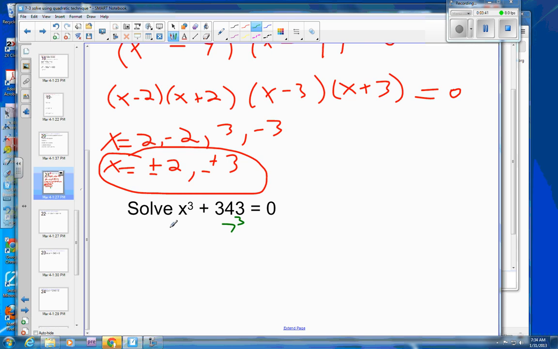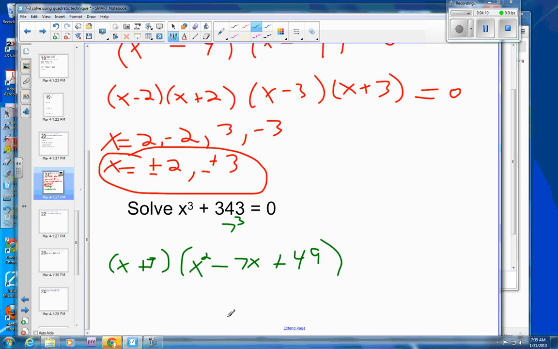We take the first term, and that will make this an x plus 7. And hopefully you have these formulas in your notes. If not, go back and find them. And then the other factor becomes x squared, minus 7x, plus 7 squared, and 7 squared would be 49.